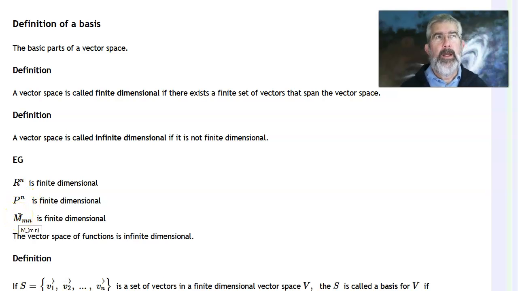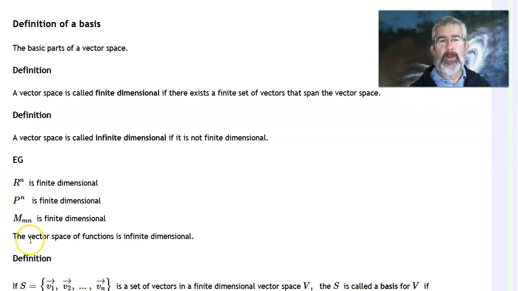So 1, x, x squared, up to xn would be a set that spans Pn. And notice that was finitely many things that I listed. Matrices, m by n matrices, it turns out is finite dimensional. The set of all functions, on the other hand, is infinite dimensional. And many of the subspaces are also infinite dimensional.